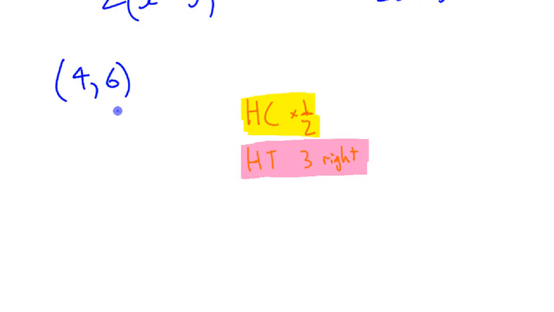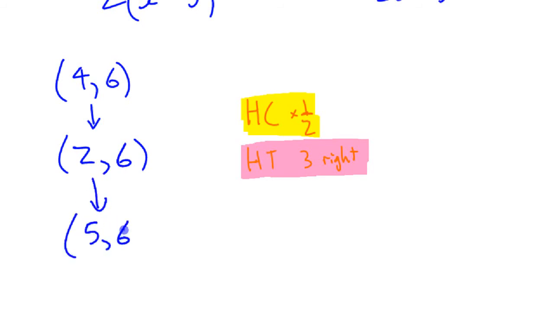If we do our horizontal compression by a half, that point is going to go to 2, 6, right? Horizontal compression. And then if we go 3 to the right, that point is going to go to 5, 6, right? This got cut in half, and then you added 3.